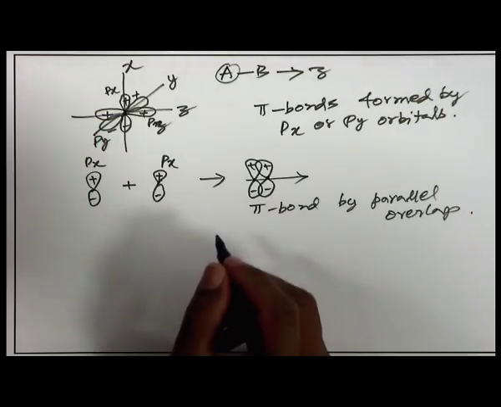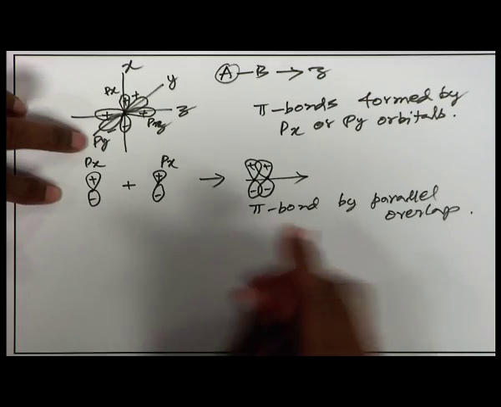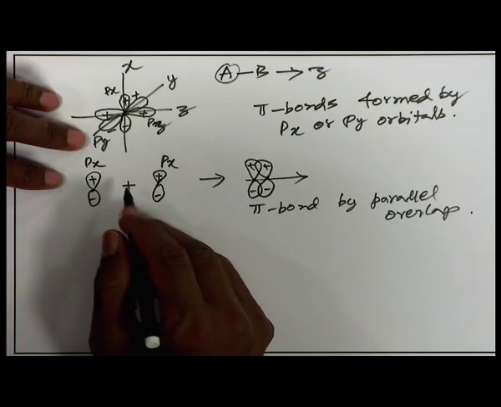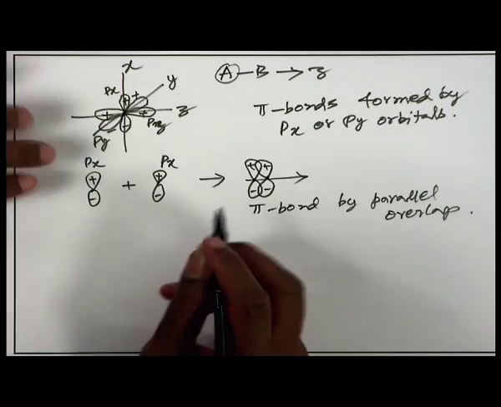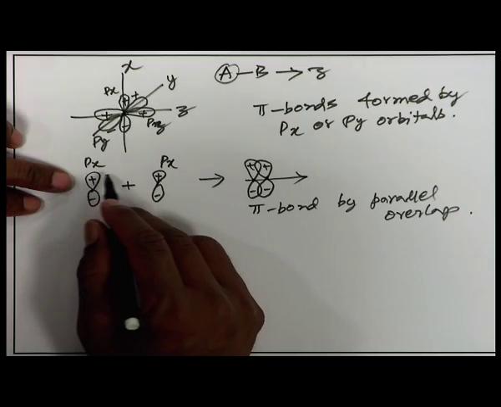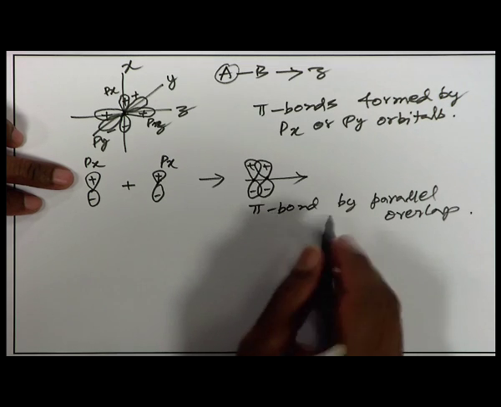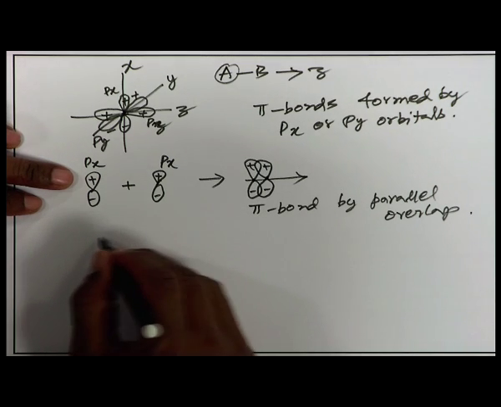So, in this case the pi bond is formed by the parallel overlap of the suitable p orbitals. Here it is px, sometimes py. If it is px, you can also have a pi bond if you take py orbitals.